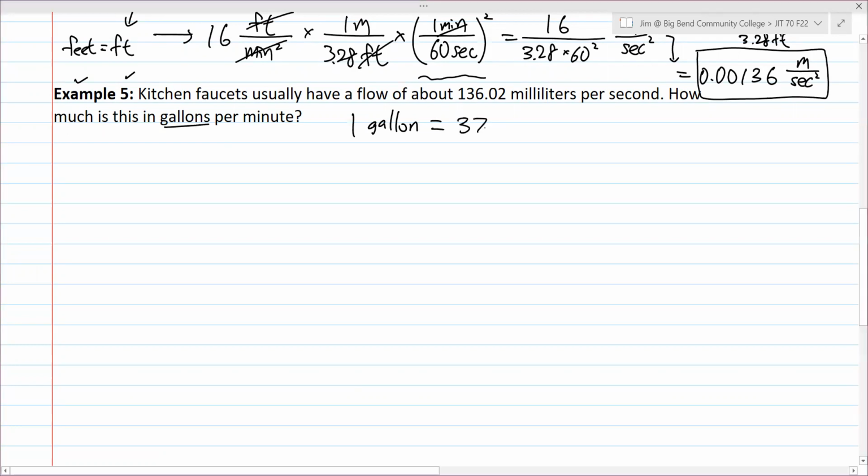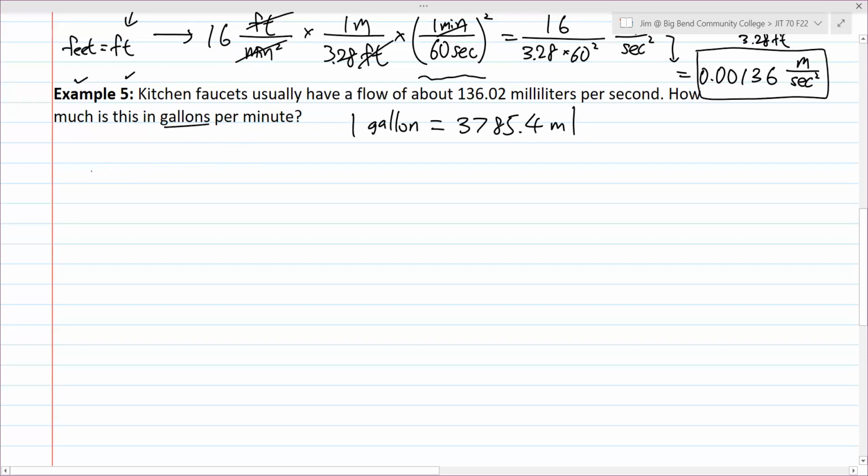That equals 3,785. And then normally we'll put down milliliter as ml for simplicity, because milliliter is a long word. Let me be more specific: 3785.4. That'll make your result more accurate.